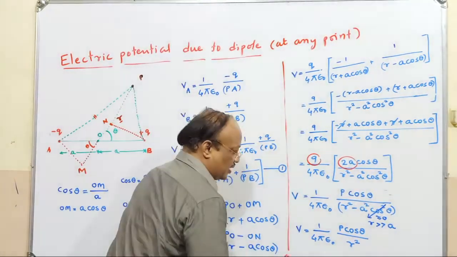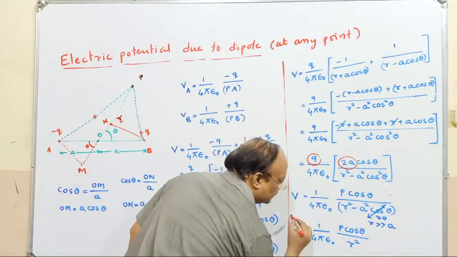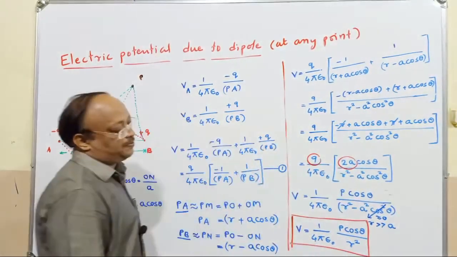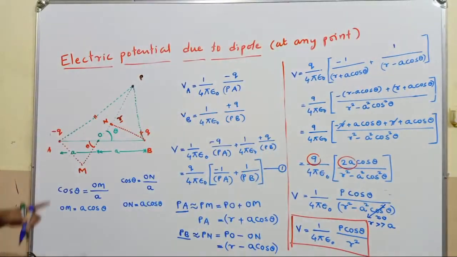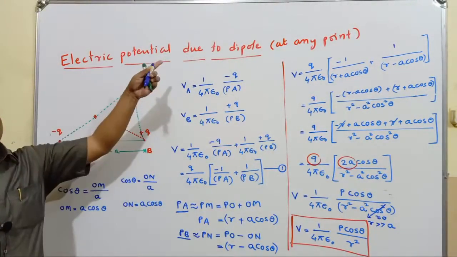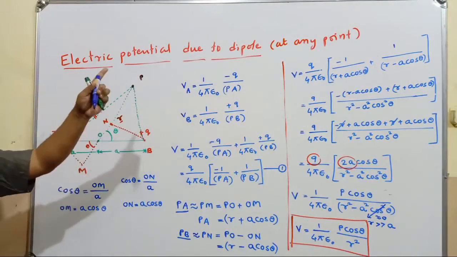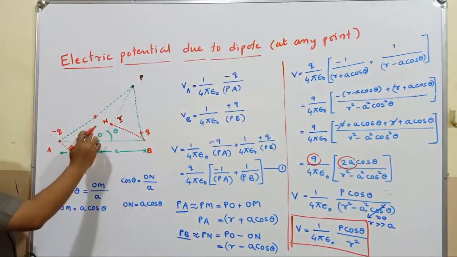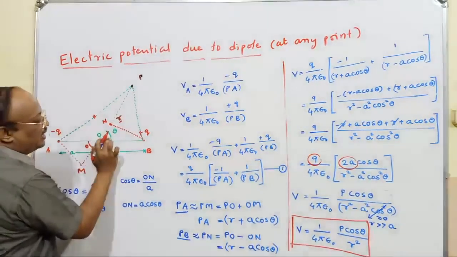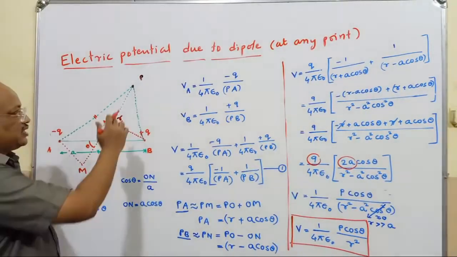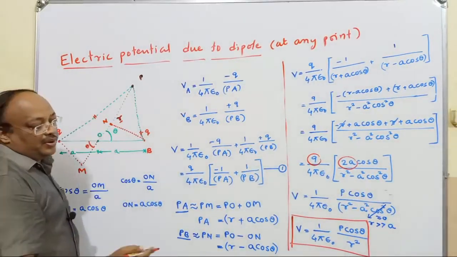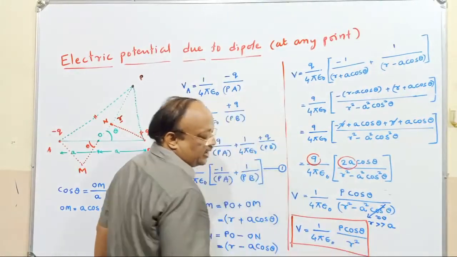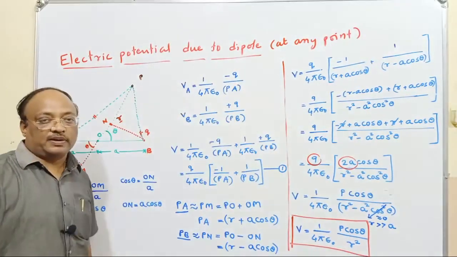So this is our expression for the electric potential due to a dipole at any general point. General point in the sense which is making an angle theta. Because of that, in the expression also, we are getting P cos theta.